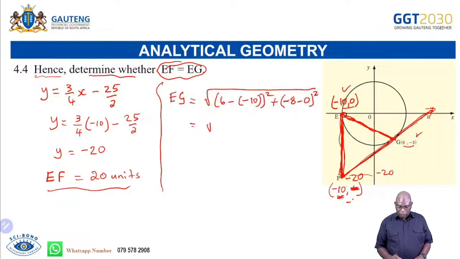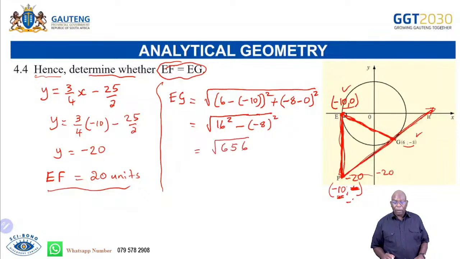Because there I can see I've got 6 plus that, it will be 16 squared plus negative 8 squared. So if I use my calculator there, I think I get 656. Right? So from there, I can then get the square root of that. I think it will be a decimal. I think it will be 25.61. You can assist me there with a calculator. I think it's 25.61, which is EG.